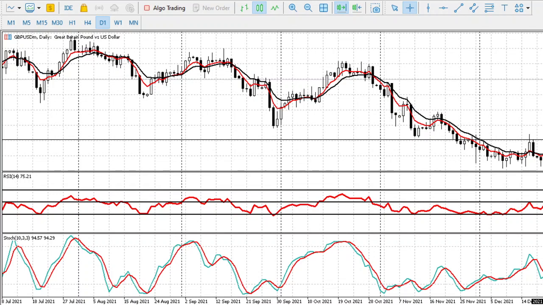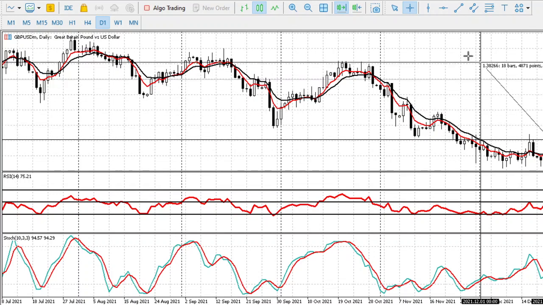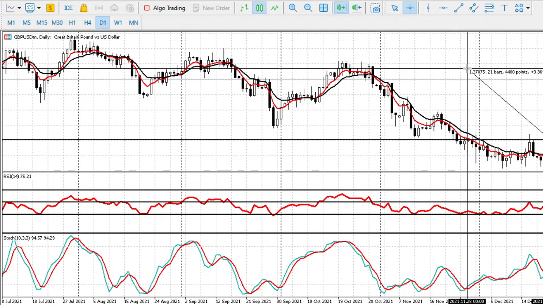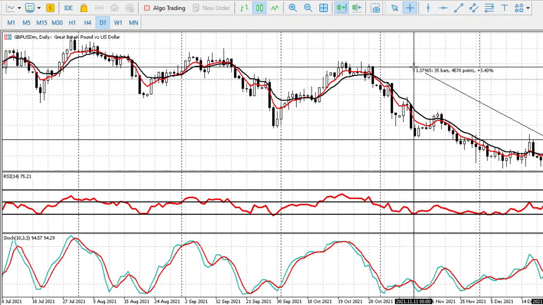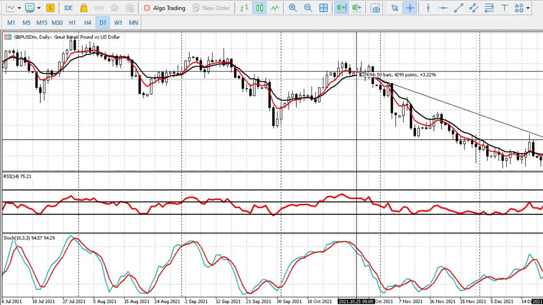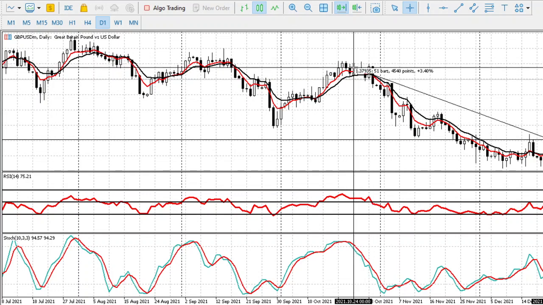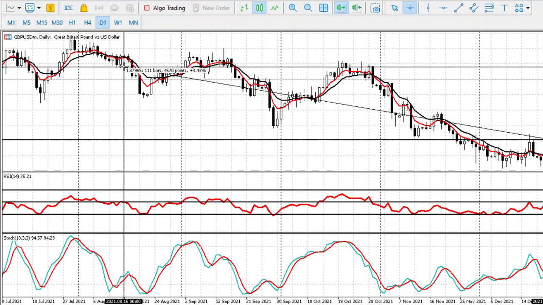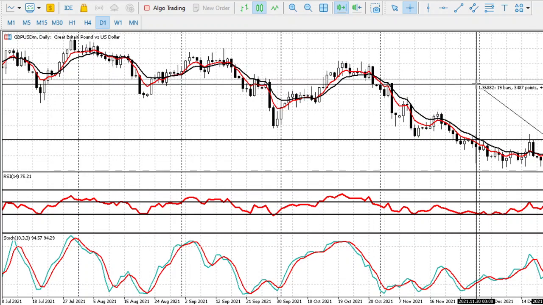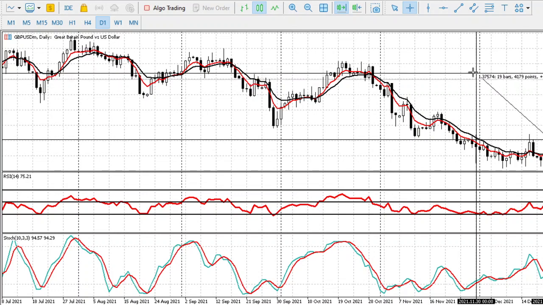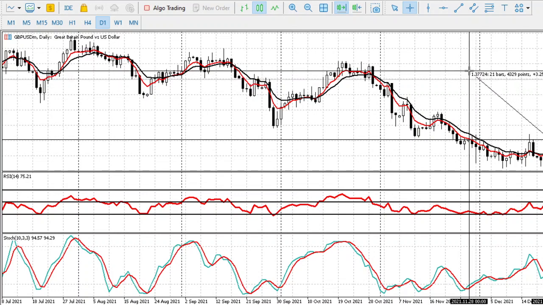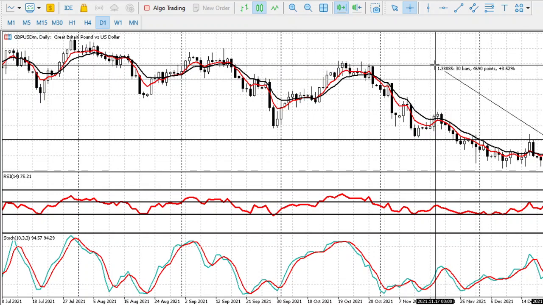Then our first take profit would have been this resistance. As you can see, this resistance here was also acting as support here. So you'll be targeting how many pips? That is 423. So that's $43.20 up to this point.